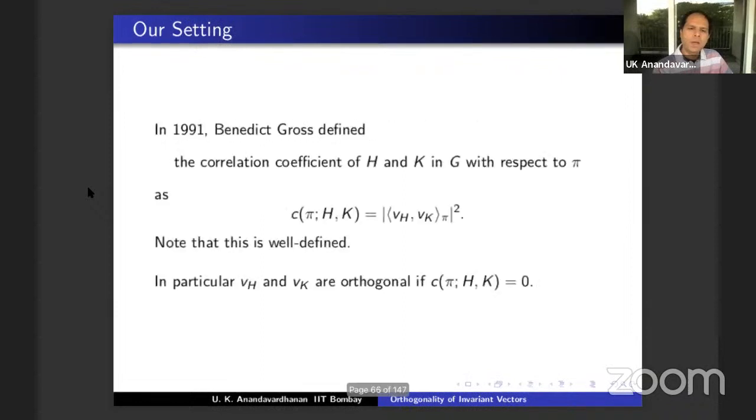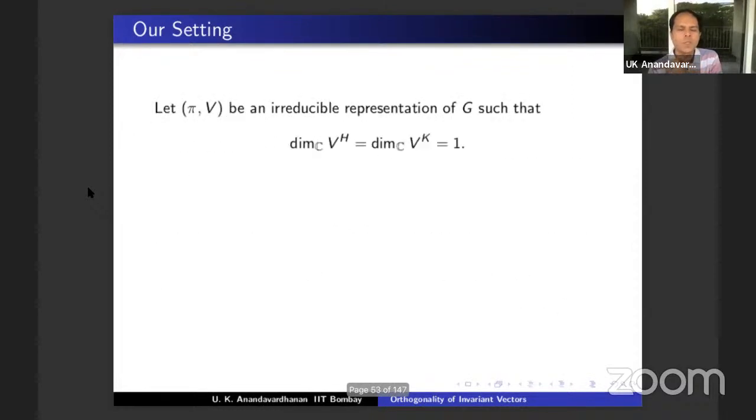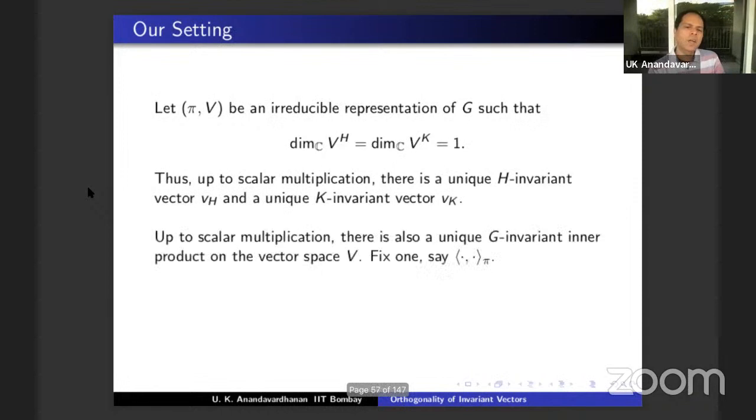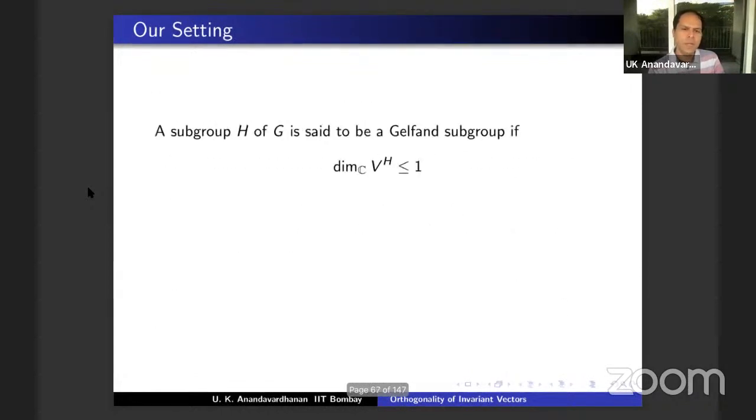Now, let me introduce one more word. How do you get enough examples where the correlation coefficient is a good object to study? What I wanted here was this particular property: you have two subgroups such that the H invariant vectors and K invariant vectors are both one-dimensional. And a little bit more you can demand, and there are many examples of groups with that property.